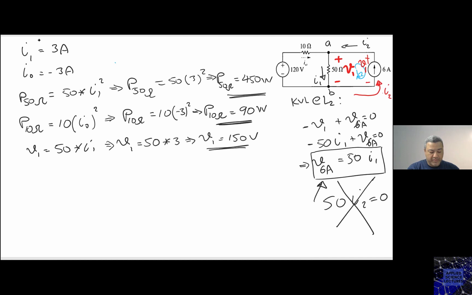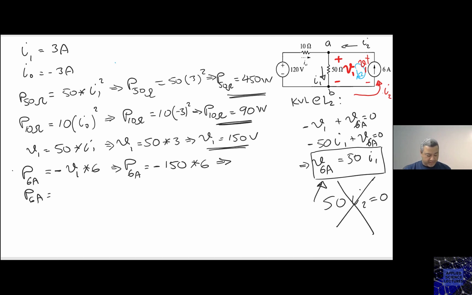So P 6 ampere is minus the voltage times the current, V1 times 6. P 6 ampere is minus 150 times 6, which is minus 900 watts.